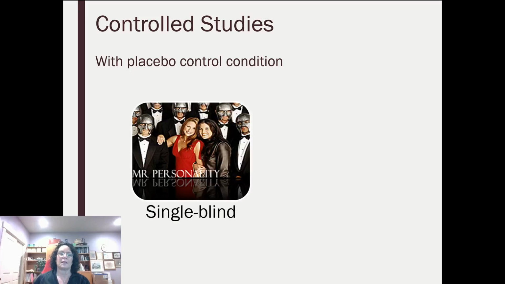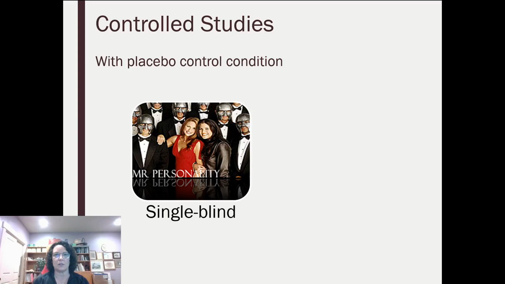So when we use placebo controls, they are always at least single-blind studies where the participant doesn't know whether they are getting the real treatment or they're getting a placebo. You don't tell the participant, okay, so we're giving you a sugar pill, but pretend like it's actually an antidepressant. Like, we don't do that.